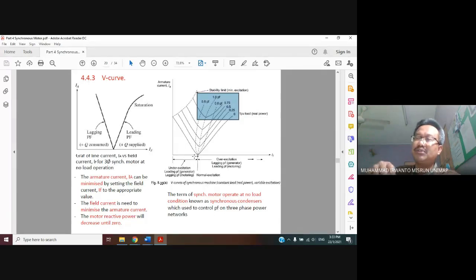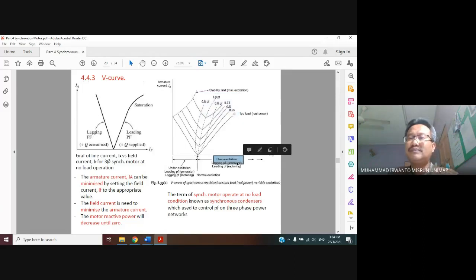We adjust until a value is achieved, for example, when we want to obtain unity power factor, cos theta is 1. But if this adjustment is below that, this condition means we give under excitation. If it is over, we call it over excitation.